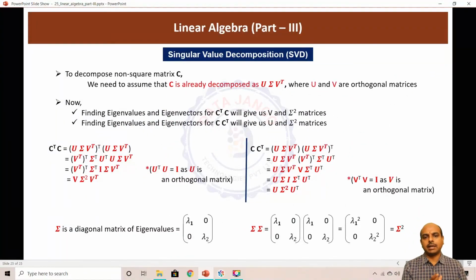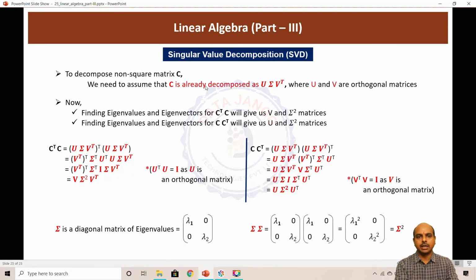If you look at singular value decomposition, in simple words, to find the V matrix you need to find the eigenvalues and eigenvectors of C transpose C. Your C is the original matrix and you are trying to decompose it into U sigma V transpose. To find V, you calculate the eigenvalues and eigenvectors of C transpose C. To find U, you find the eigenvalues and eigenvectors of C C transpose.